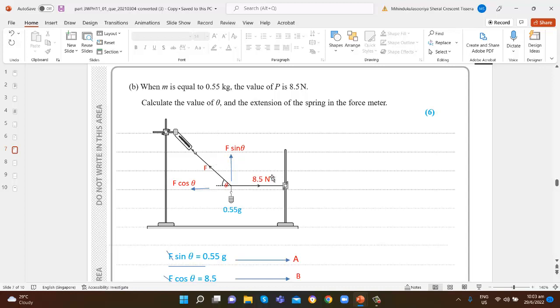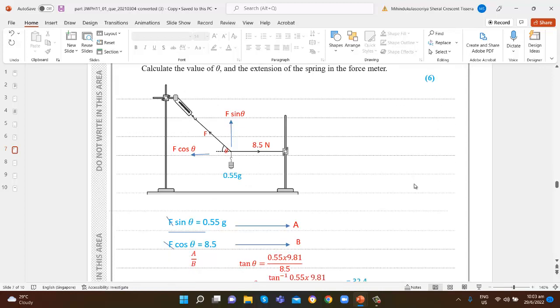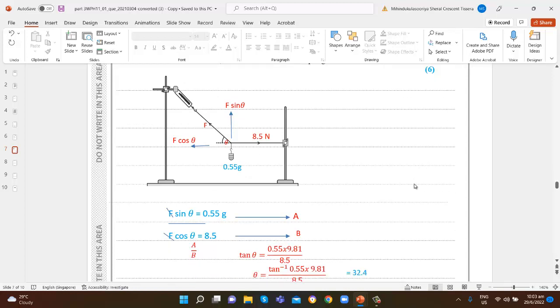You know it is 8.5 N and this is 55 G. They are asking for theta, but we don't know F. But you have two equations for theta. Then how to simplify? You divide the two equations because we want to get rid of F. You write F sin theta is 0.55 G, name it as equation A.